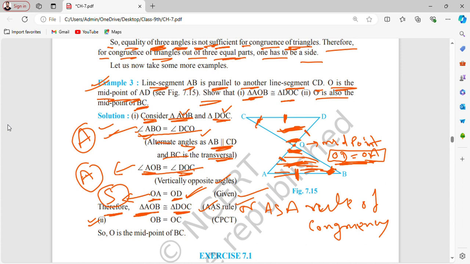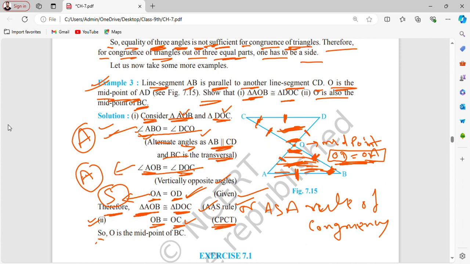So we can write that the corresponding parts of both triangles will be equal. So OB is equal to OC. OB, this side, is equal to this side. So these two sides will be equal by the CPCT rule. CPCT means corresponding parts of congruent triangles.